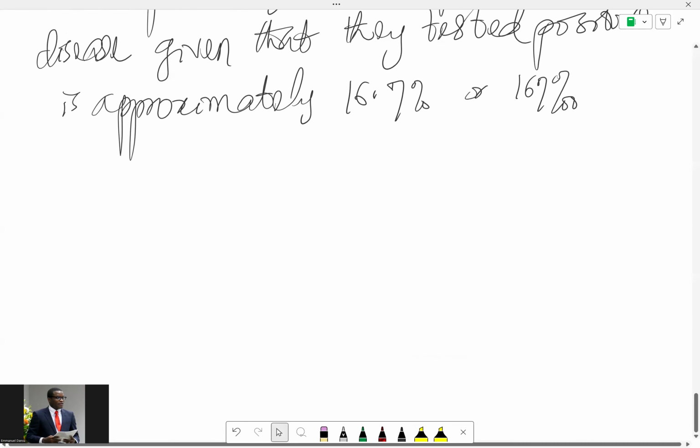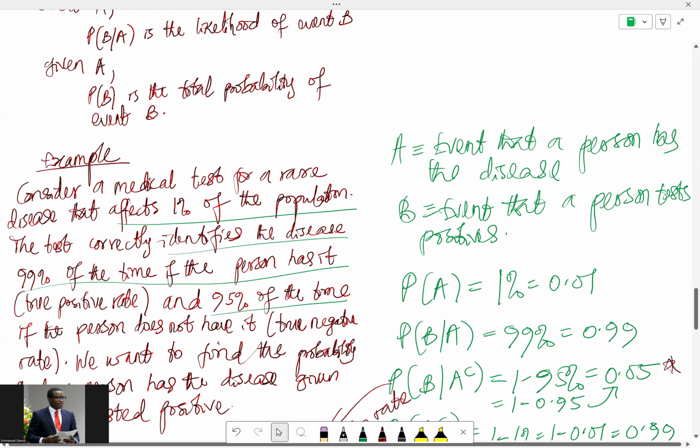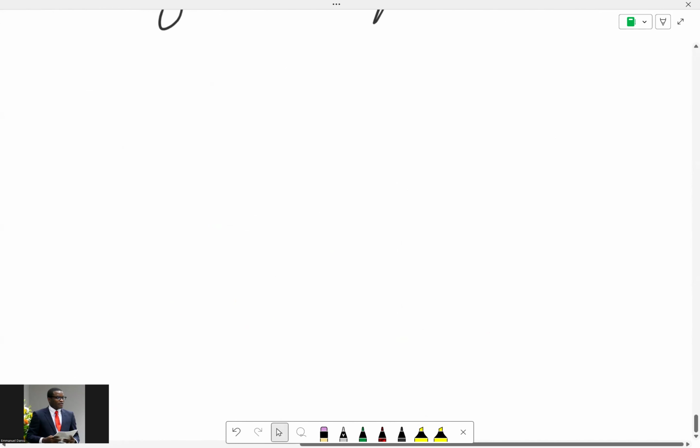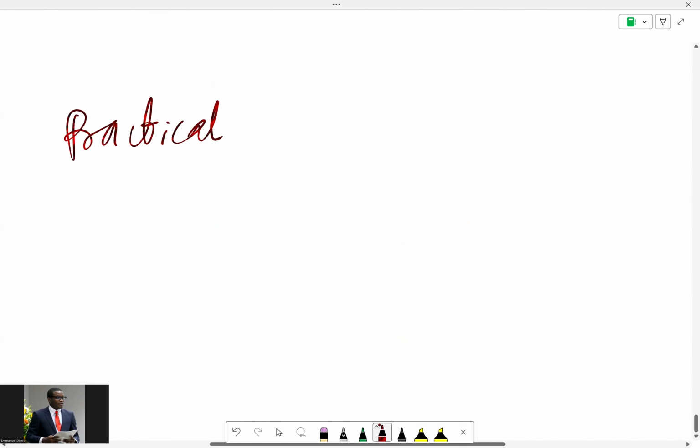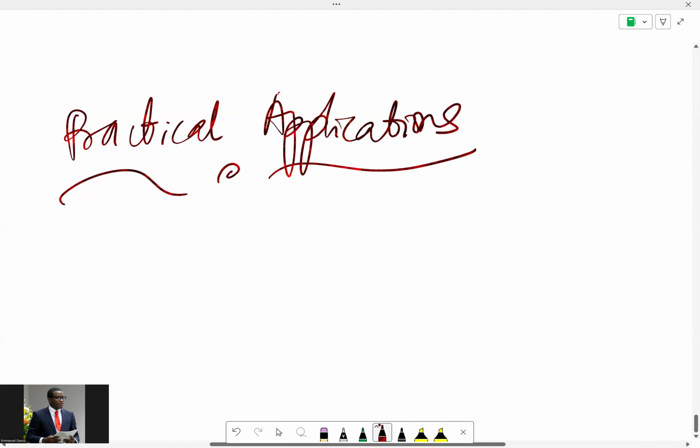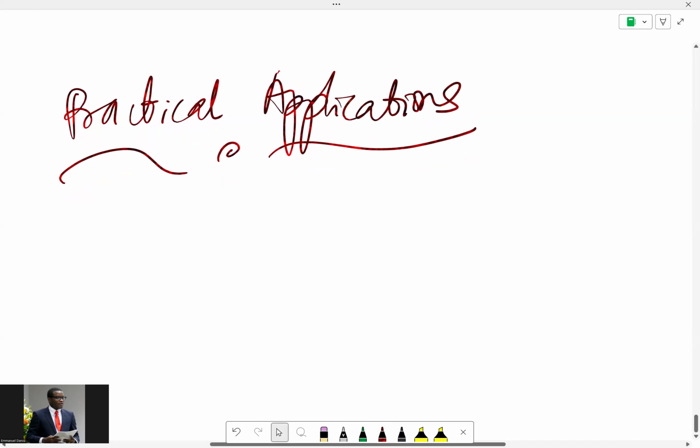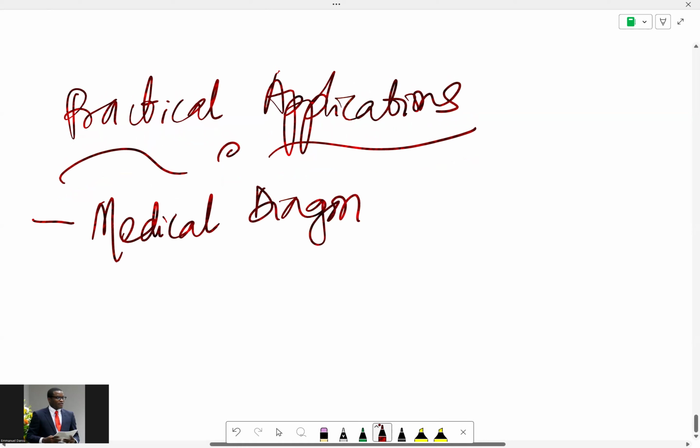All right, so let's quickly look at some practical applications before we round off. Practical applications of whether it's Bayes or all that. So of course, from what we just saw, we have this applied to medical diagnosis.